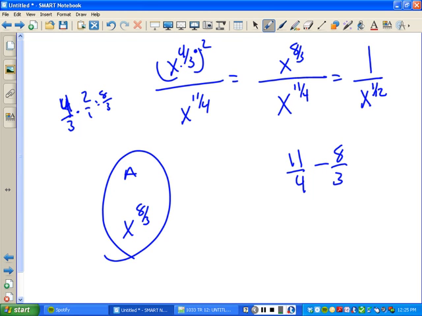Yes, sir. Now, for those of you that struggle with fractions, a little trick that you can employ, 3 times 11, multiply this way, 33. 4 times 8, multiply this way, 32. 4 times 3, 12. 1/12.